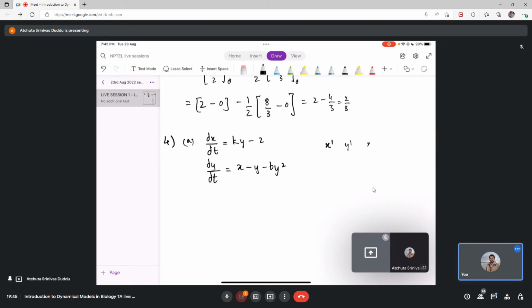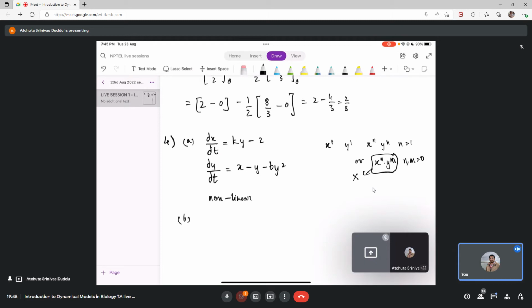It cannot be x power n or y power n with n greater than 1, or x power n into y power m, where n or m is greater than 0. So essentially there is no xy term, or there is no x square or y square or higher order terms for it to be linear. So what would you say the first one is? Since there is a y square term here, it would be non-linear.